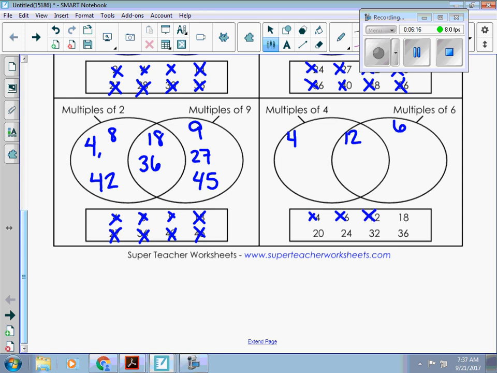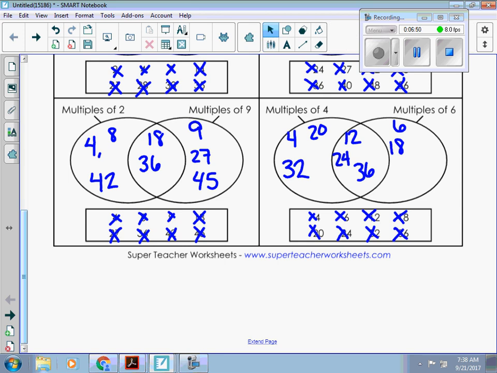Nothing times 4 is 18, but 6 times 3 is 18. 4 times 5 is 20, and nothing times 6 is 20. 4 times 6 is 24, and 6 times 4 is 24, so it goes in the middle. 4 times 8 is 32, nothing times 6 is 32, so it's only on the 4 side. And 4 times 9 is 36, and 6 times 6 is 36, so both of them can get to 36, so it goes in the middle.